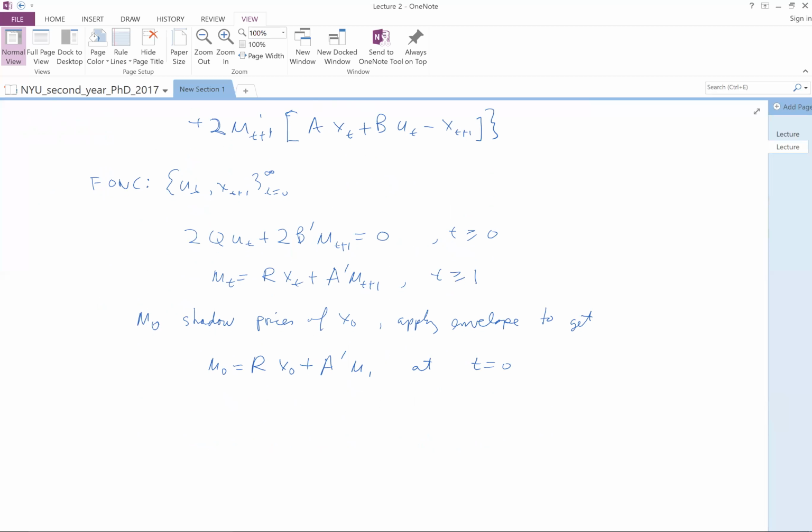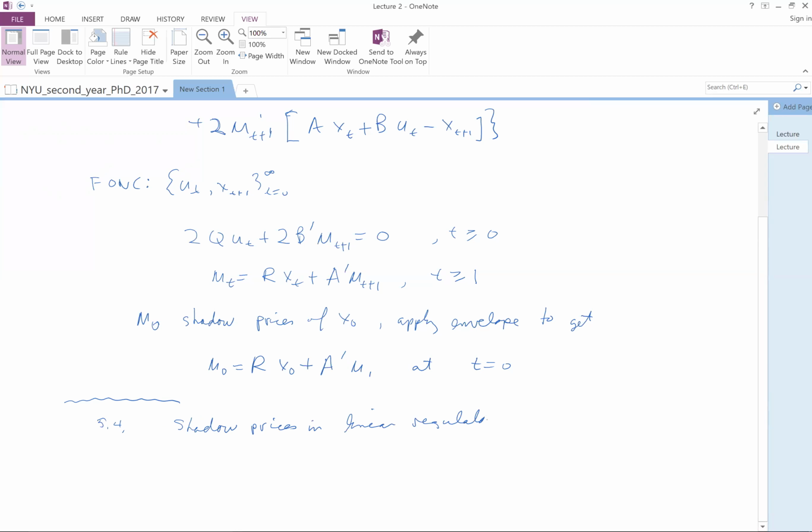Now, if you study earlier in the chapter, there's a section. Again, I'm talking about chapter 5. It's section 5.4, and it's entitled Shadow Prices in the linear regulator.